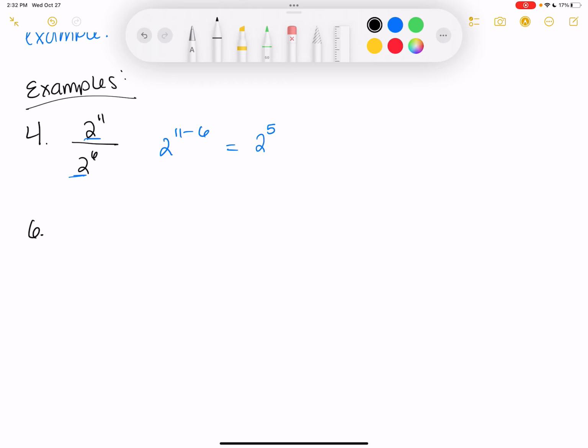Then number 6, we've got negative 6 to the 8th over negative 6 to the 5th. So what would I do here? You subtract. Okay, so I've got negative 6 to the 8 minus 5, which is negative 6 to the 3rd.